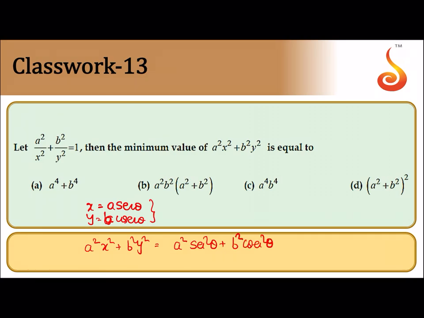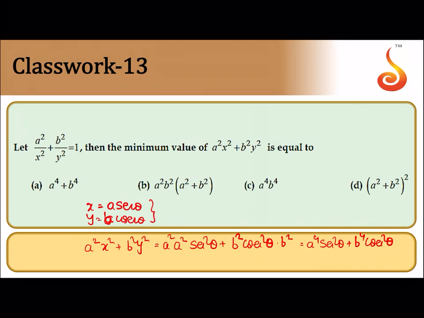We get sin square theta plus cos square theta is equal to 1. So we require a square x square plus b square y square, we write in terms of theta. It became one variable. a square secant square theta plus b square cosecant square theta.